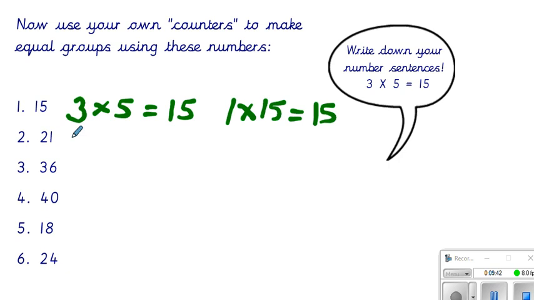So I'm going to tell you what the answers are. So for question 2, I can have 1 times 21. One group of 21 equals 21. 1 times 21 equals 21. But I can also group into groups of 3. 3 times 7 equals 21. Or 7 times 3 equals 21.